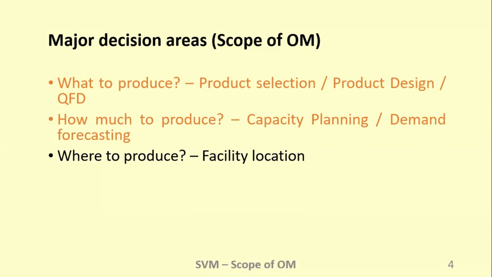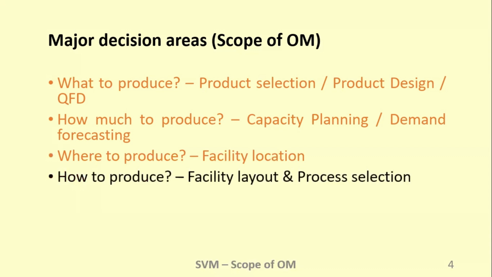So for deciding all these things, you will be analyzing various factors which influence choosing of your location. So facility location, you need to spend time to decide because it cannot be frequently changed.